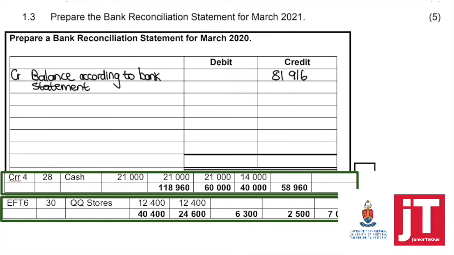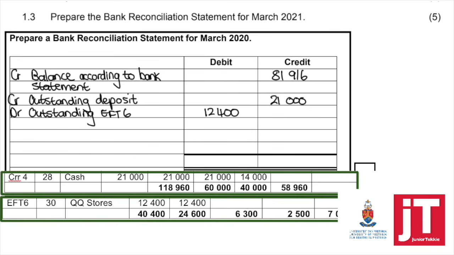In our cash receipts journal, we had an outstanding deposit of 21,000. So we're going to say credit outstanding deposit 21,000. Again, it's the same as how it would appear on your bank statement. In our CPJ, we had an outstanding EFT, so debit outstanding EFT 12,400, again, as it would appear on your bank statement.